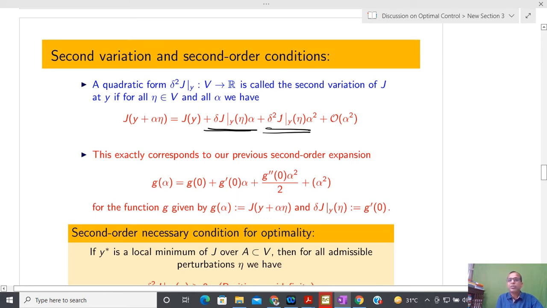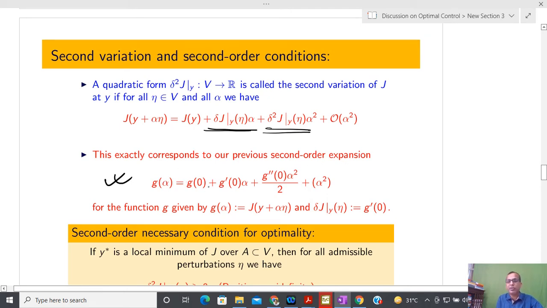So whenever something is linear, at that time we are just talking about one argument. Bilinear means we are going to talk about two arguments. So we are saying that this is linear and this is bilinear. And this exactly corresponds to the second order expansion in the finite dimensional case.